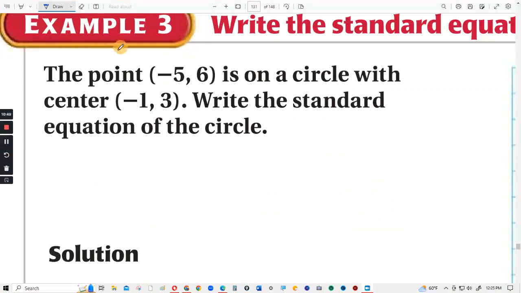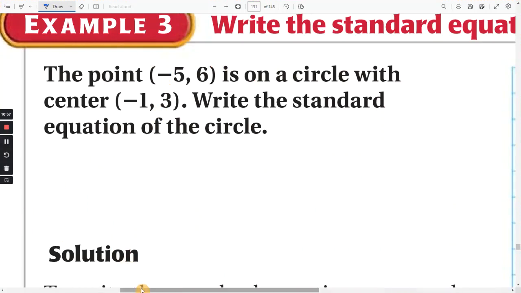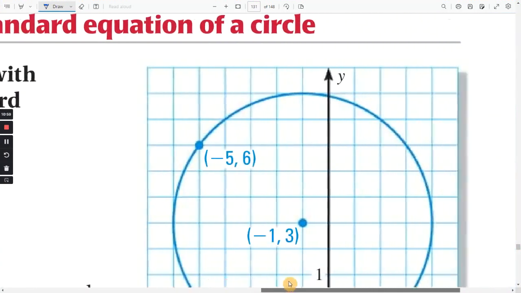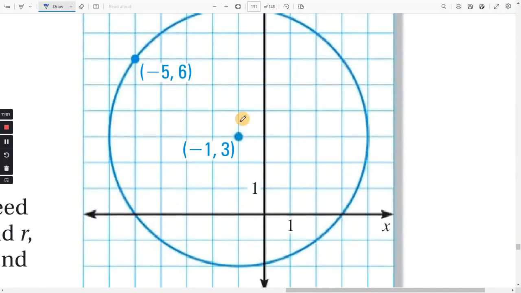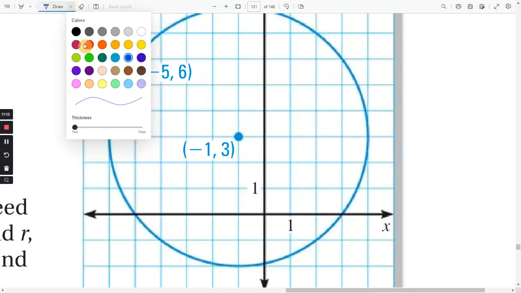Example 3: the point (-5, 6) is on a circle with center (-1, 3). Write the standard equation of the circle. Alright, so they actually drew the graph of the circle just so you can see it. Here's the center, here's a point on the circle. It's actually completely unnecessary to get the graph, but I'll just show you on the graph real quick.